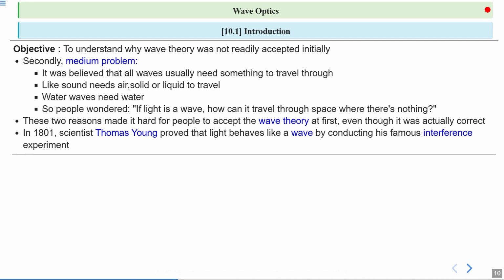So Thomas Young proved that light behaves like a wave by conducting his famous interference experiment. It is called the double slit experiment. So he showed the interference of light waves and hence proved that light behaves like a wave. This experiment was pivotal in shifting the scientific community's perspective. It showed that light could indeed exhibit wave-like properties, paving the way for acceptance of wave optics.